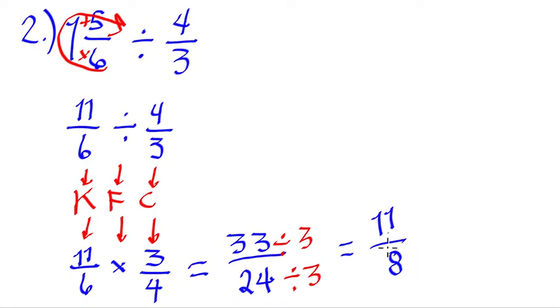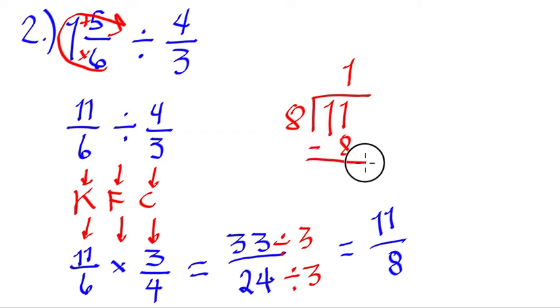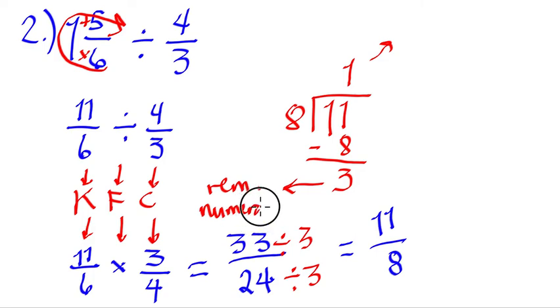As you can see, this is an improper fraction, so we want to make it mixed. Let's have the division here, 11 over 8. How many 8s are there in 11? We only have 1. So we deduct 8 from 11, which gives us 3. It's not divisible anymore, so this is our remainder, meaning this is our numerator in the mixed number. This is our quotient, meaning this is our whole number.